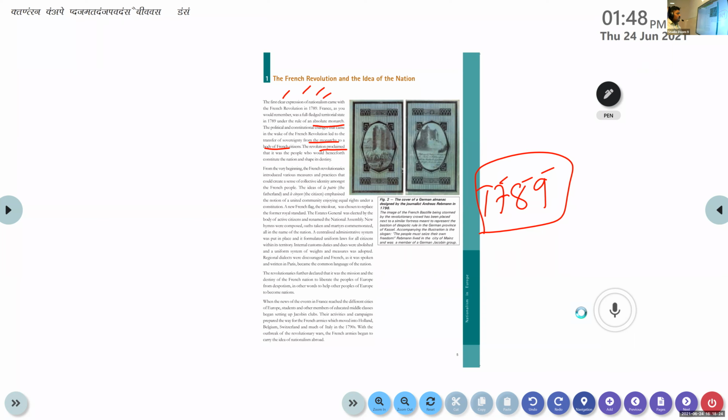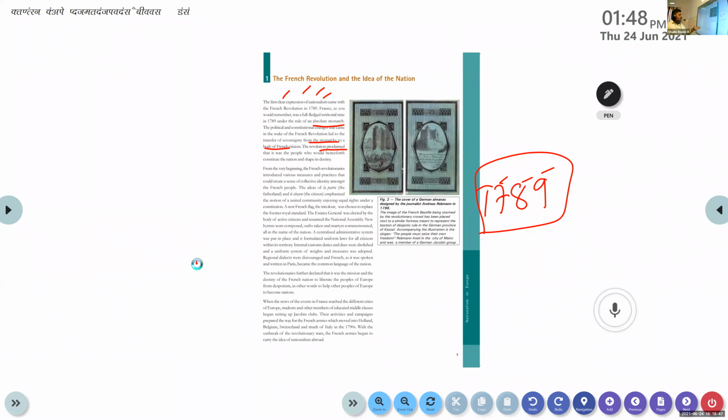This is the first chapter in the textbook, right? You want to understand that the Indian nationalist movement borrowed a number of ideas from the French Revolution, even the idea of liberty, equality, and fraternity. Clear?